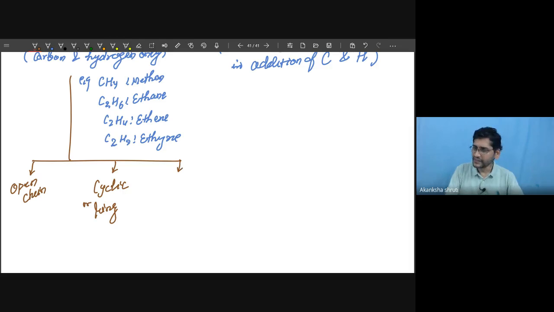The third one is a ring with a special feature, containing double bonds at alternate positions. That is called aromatic. You need not go into detail, but just keep in mind the term aromatic compound.